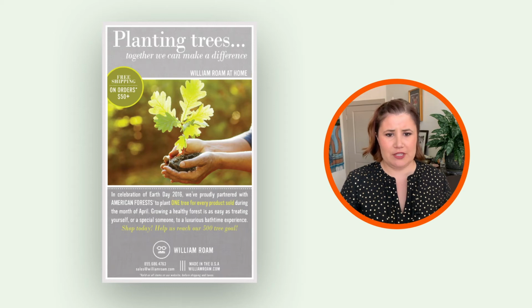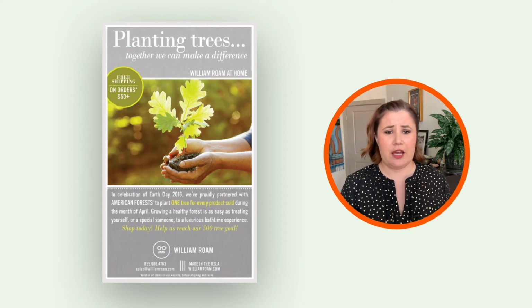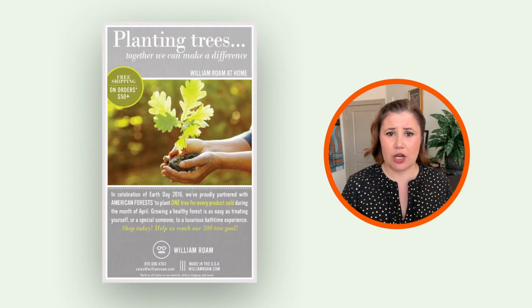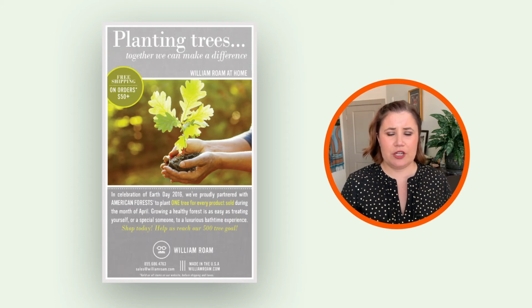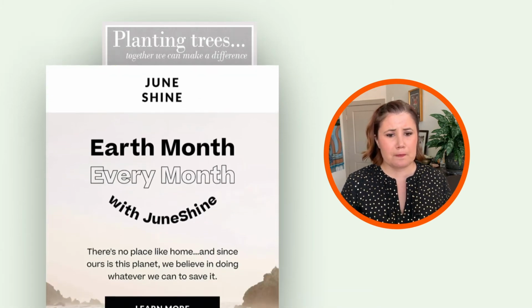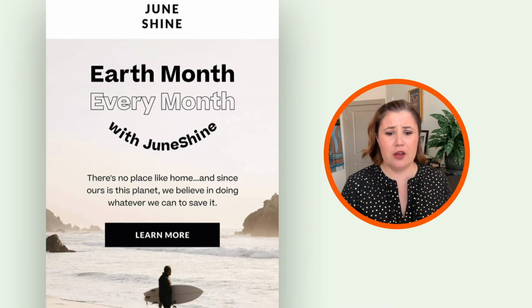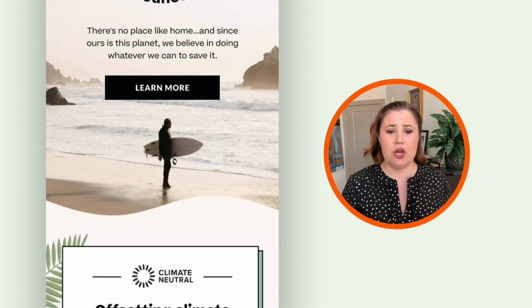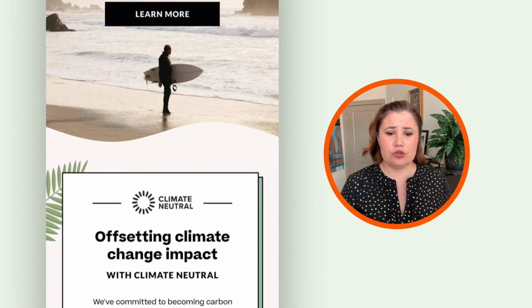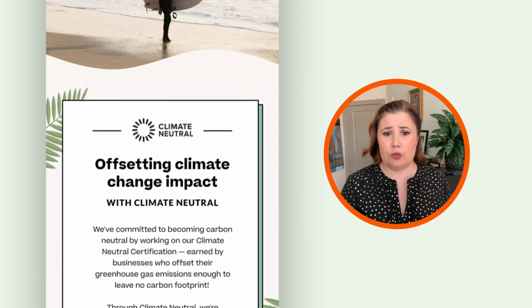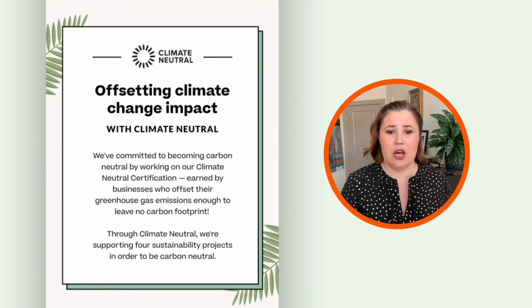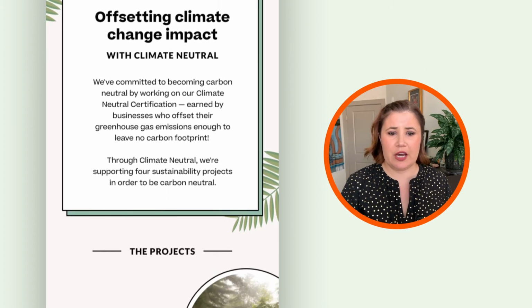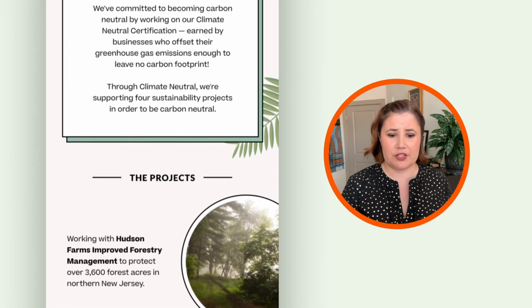And I wanted to call out that if you wanted to take this one step farther, like if you're a business that really cares about Earth Day and you're very climate conscious, then maybe take a look at a brand like June Shine, and they've gone over to Earth Month. They say Earth Month is every month, and they are very tightly connected with a nonprofit called Climate Neutral, and they've made big efforts to be able to become carbon neutral by a certain date.